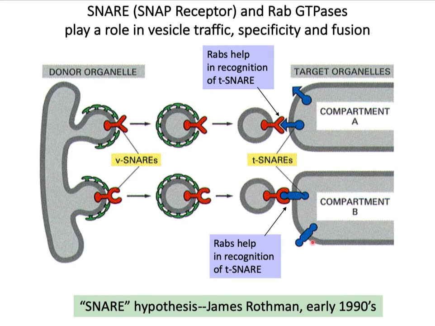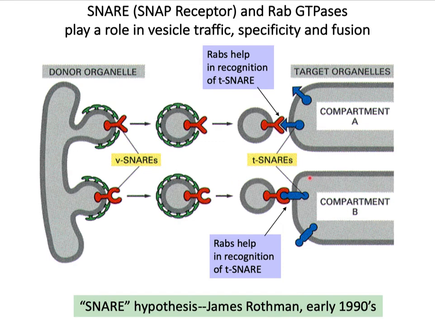So in this example, the transport vesicle that is destined for compartment B, the V-SNAREs on this vesicle cannot interact with the T-SNAREs on compartment A. Likewise, the V-SNAREs on the vesicle destined for compartment A cannot interact with the T-SNAREs on compartment B. That prevents the vesicle bound for compartment B from fusing with compartment A and vice versa.